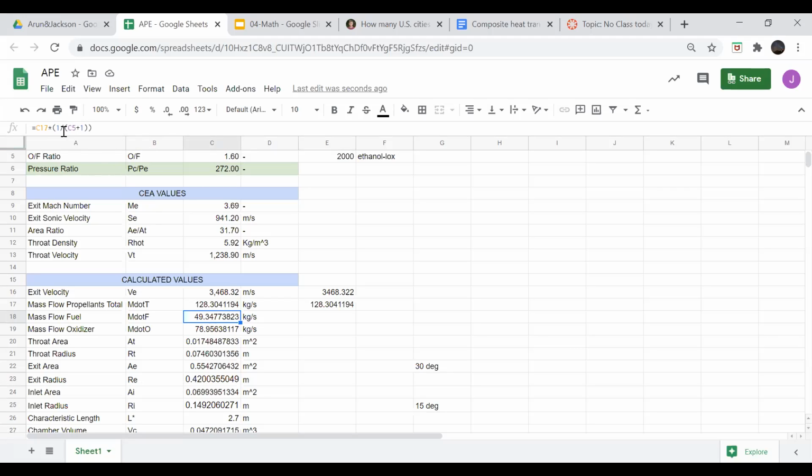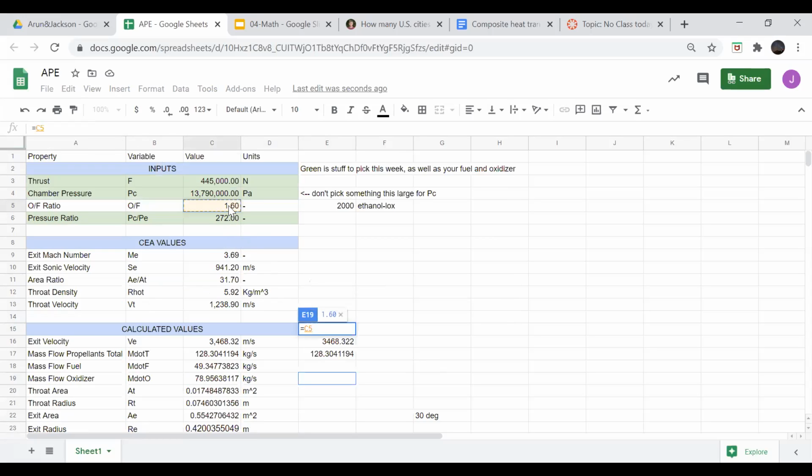We did fuel first, but I'm going to do oxidizer first since that's what I showed you guys today. That would be your OF ratio divided by OF ratio plus 1, times the total mass flow, which equals 78.95, still accurate.